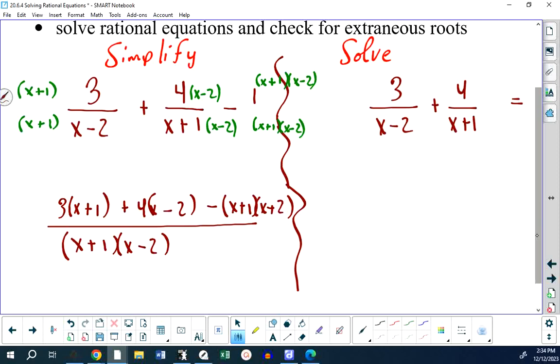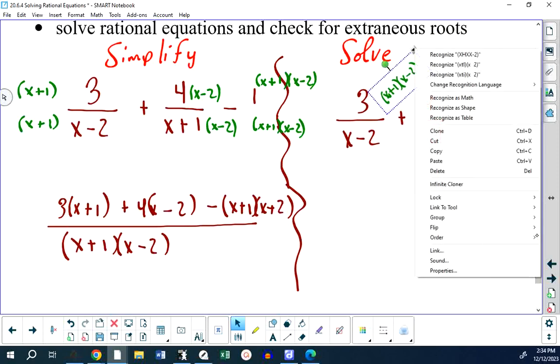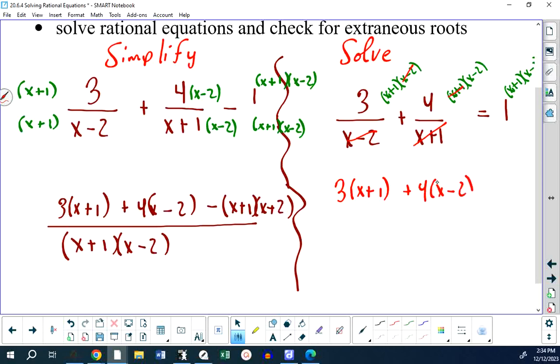Here, if I multiply both sides by x plus 1, x minus 2, what happens is I get 3 times x plus 1 plus 4 times x minus 2 equals that. I'm going to get an equation that I solve.